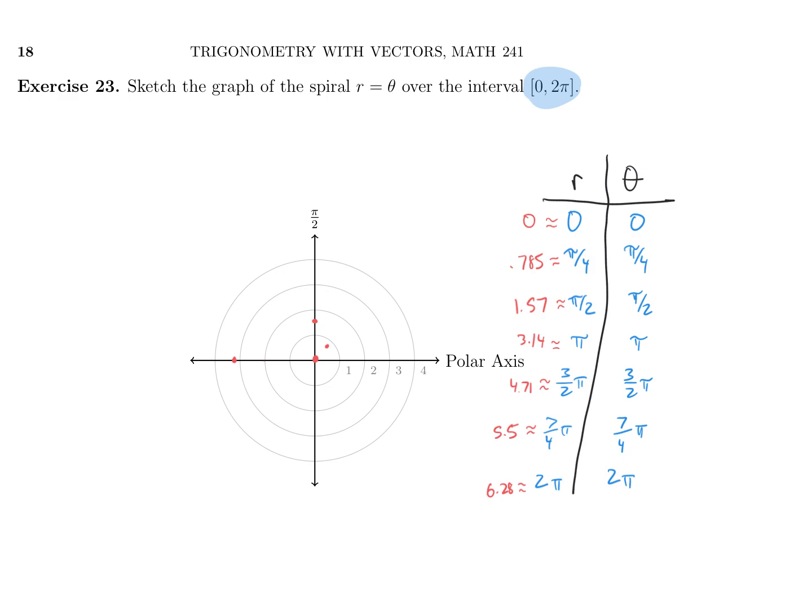All right, in the direction of 3/2 pi, you want to go down to 4.71. 1, 2, 3, 4.71 is going to be somewhere over here. You can draw some more concentric circles if you'd like. And then finally, 2 pi is 6.28. That's going to be somewhere out here. All right, then you just kind of create your spiral.